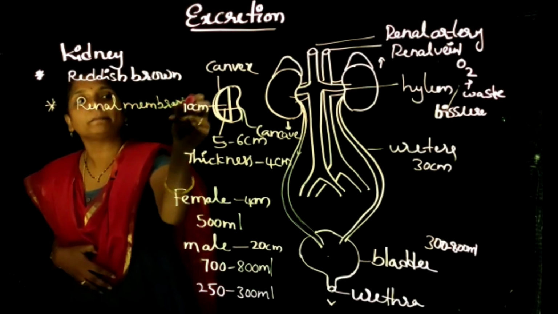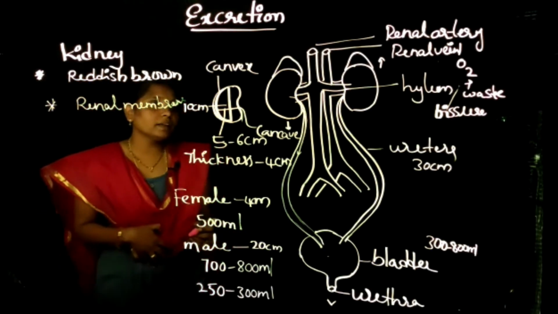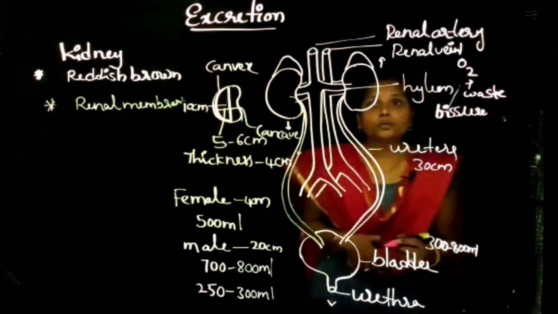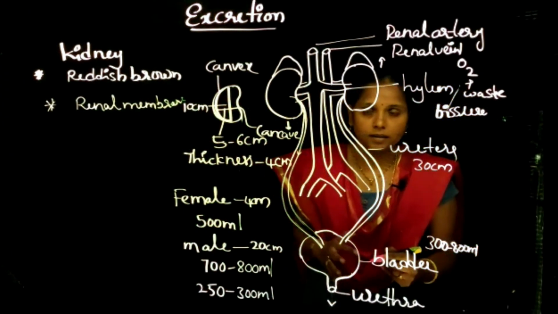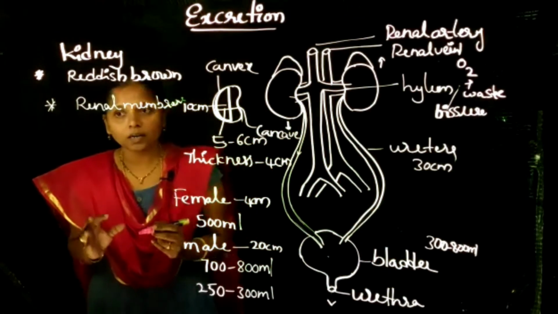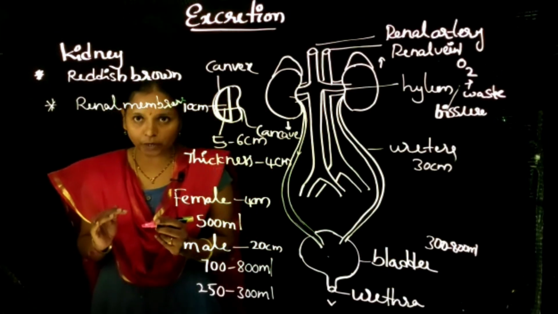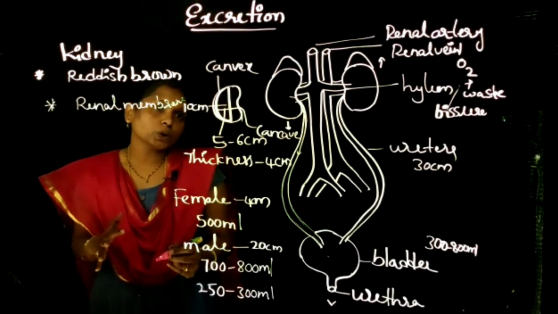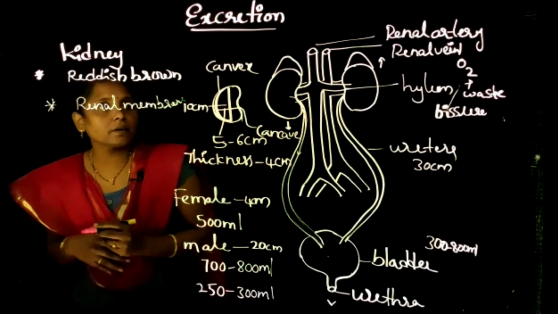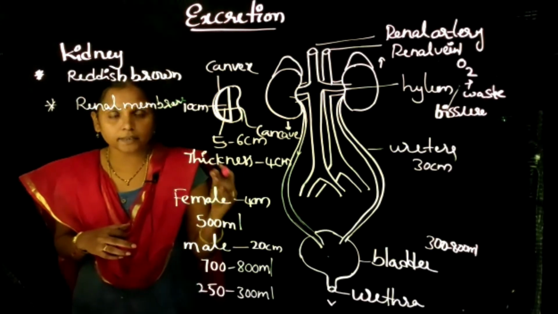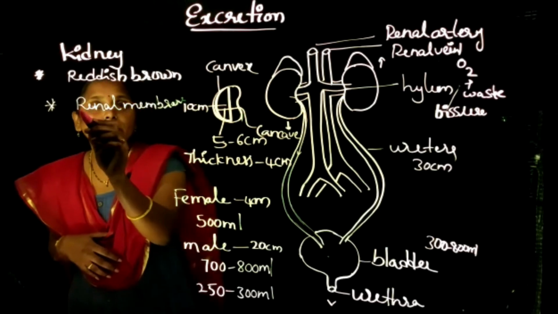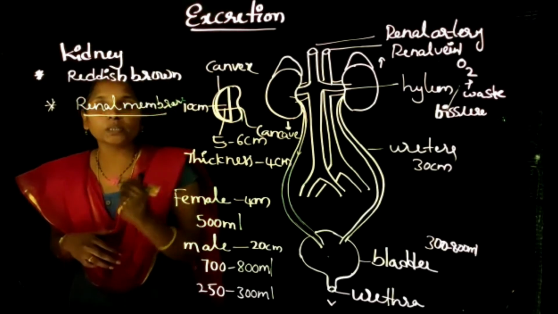We know that internal organs are always covered with protective membranes. In the kidney also we find a membrane which protects it externally, called the renal membrane.